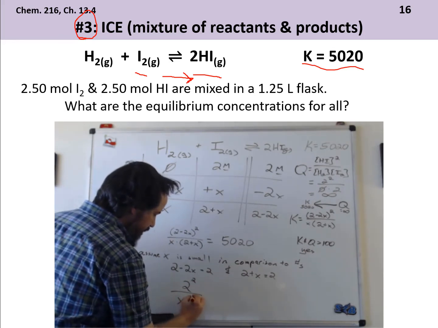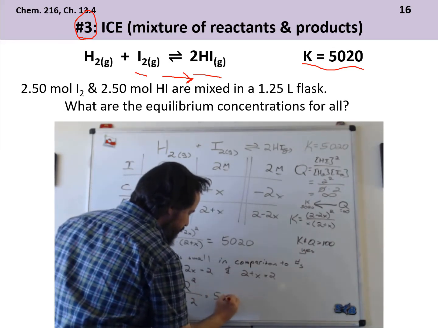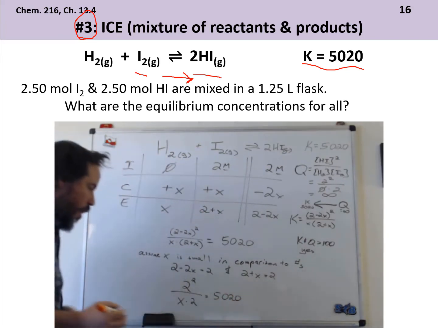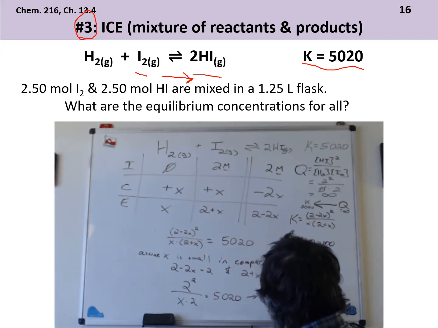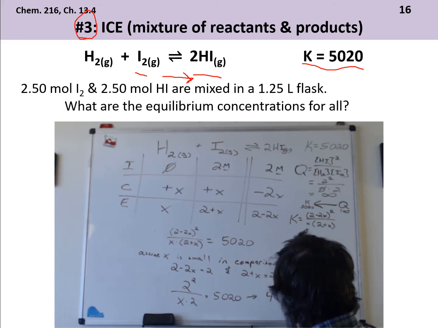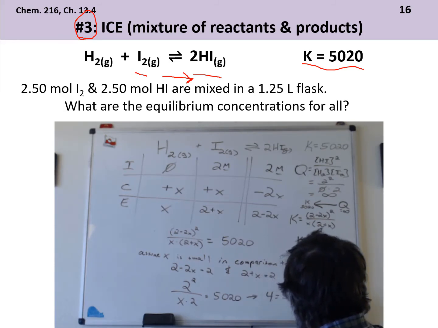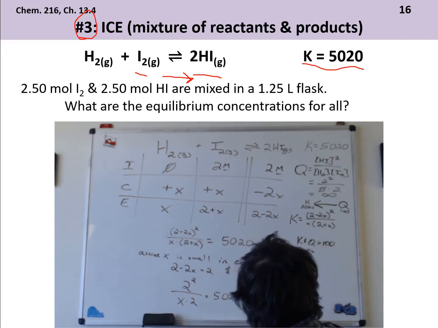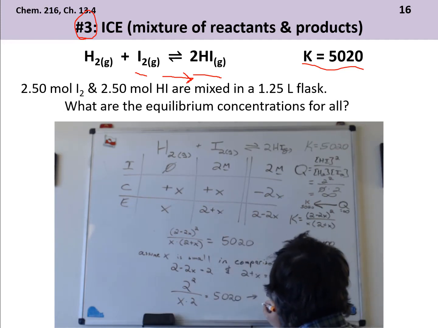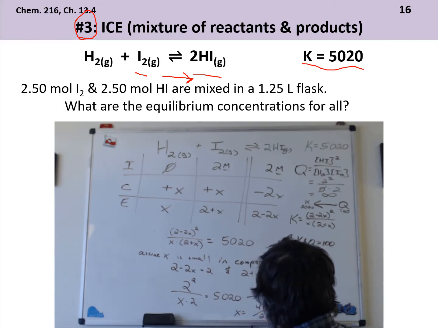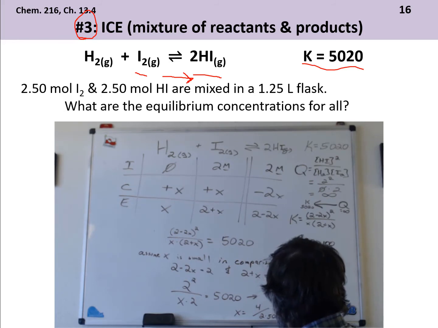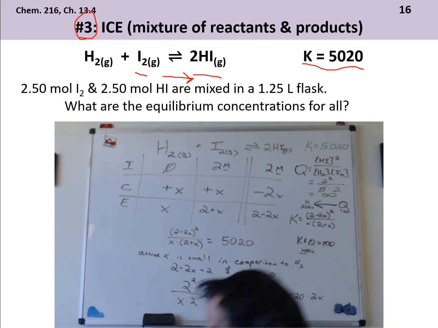So that's going to get me 2 squared over x times 2 equals 5,020. Or 4 equals 5,020 times 2x. Actually, I can just say x equals 4 over 2 times 5,000. Okay, so what's that going to give me?